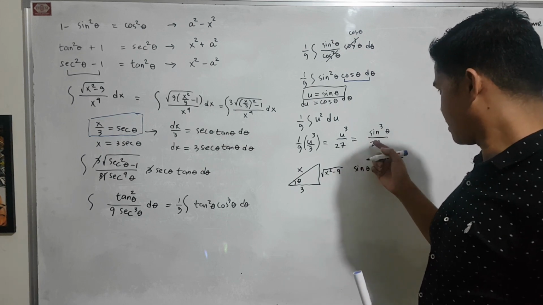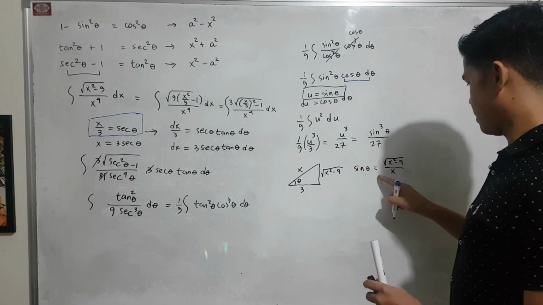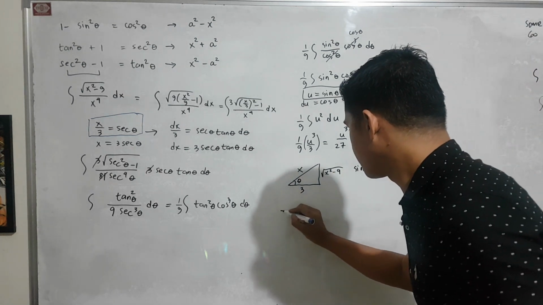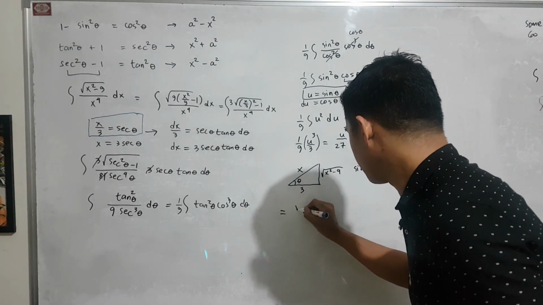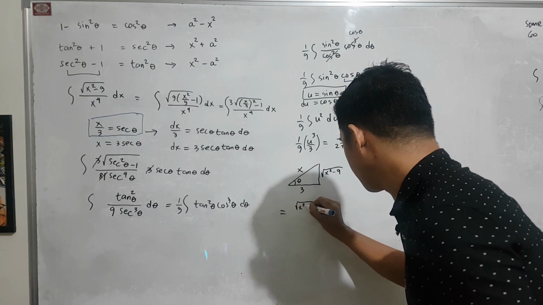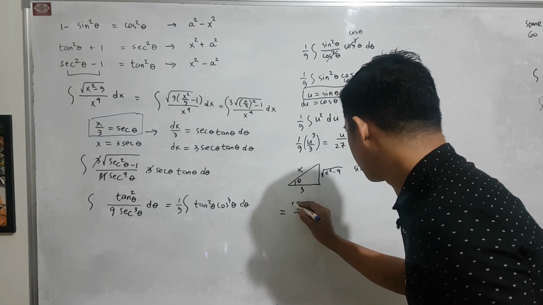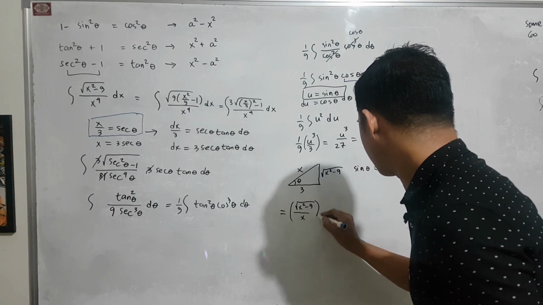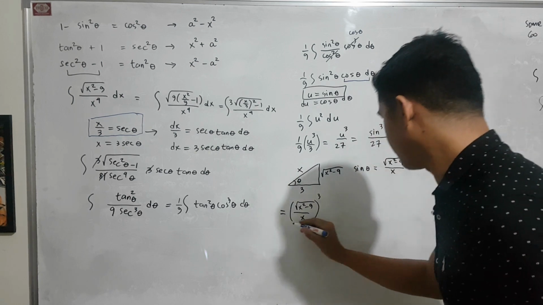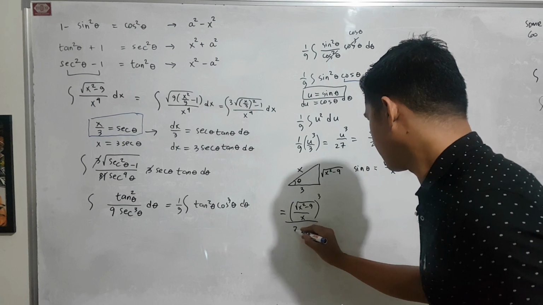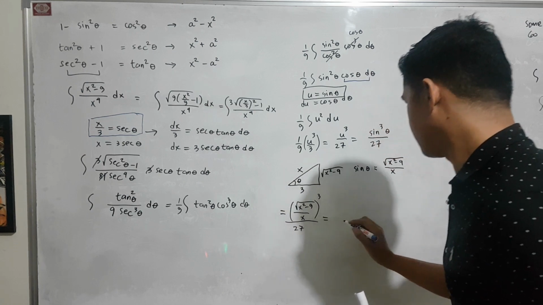So we're almost done. Sine cubed, so we just cube this sine. Our answer would be the square root of x squared minus 9 over x, cubed, then divided by 27. You can rewrite this.